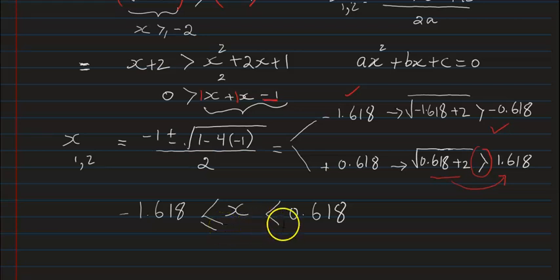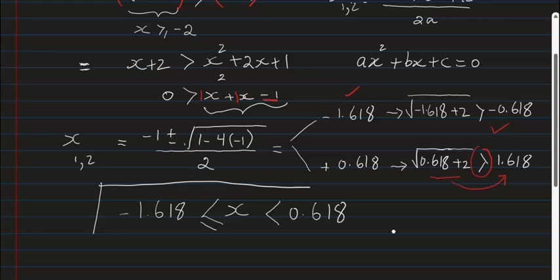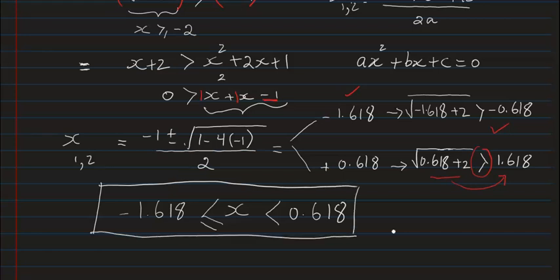The second solution, 0.618, cannot be included because our inequality is strict and doesn't have an equal sign. So that means up to the value of 0.618, but not including this point, and therefore this would be the final solution for that radical inequality that we've had.